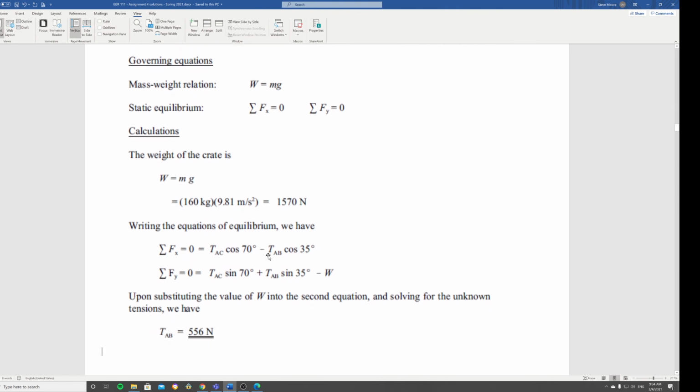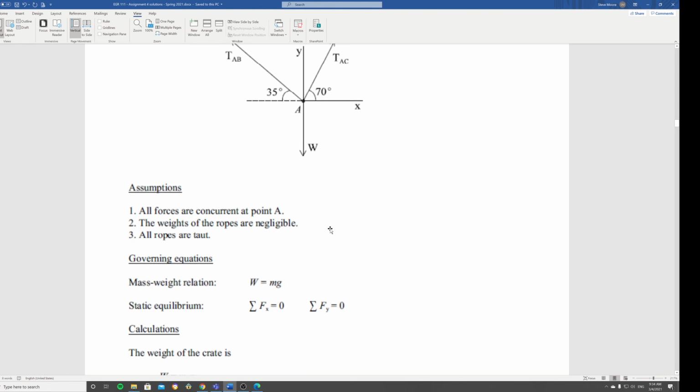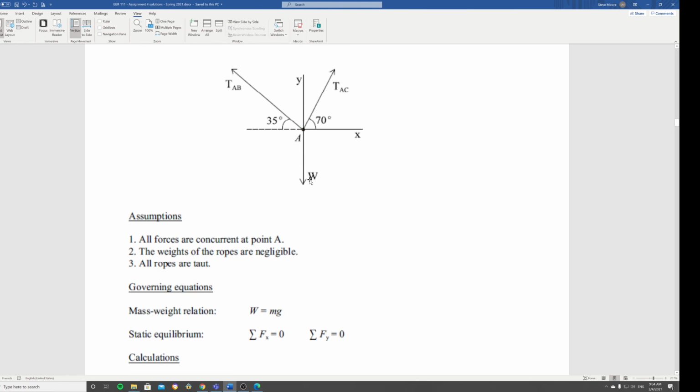So the next thing is that you create an equation for the y components. In this case, you have the weight also, and with right triangles, you're finding the component that's basically the vertical component here.